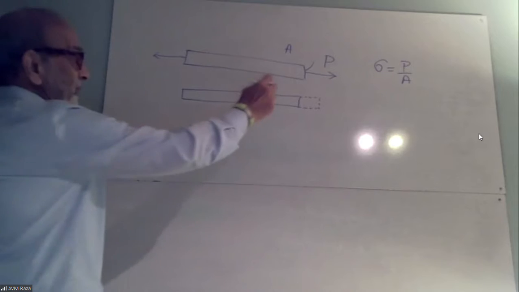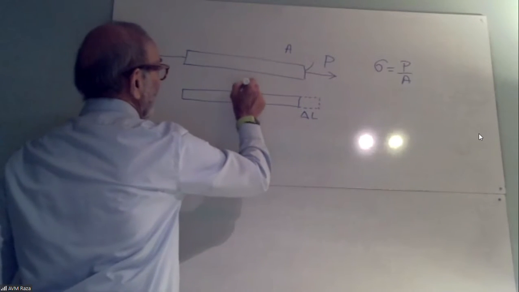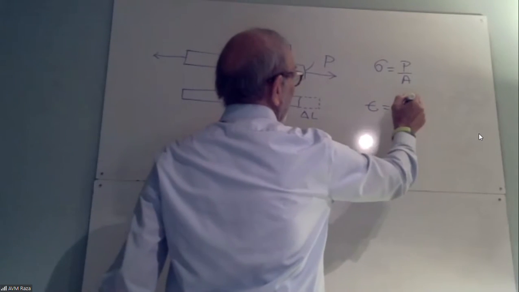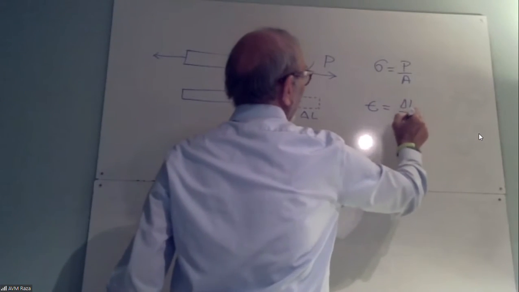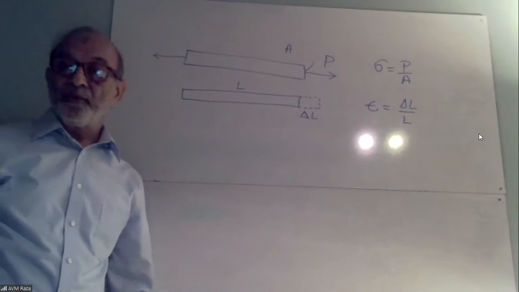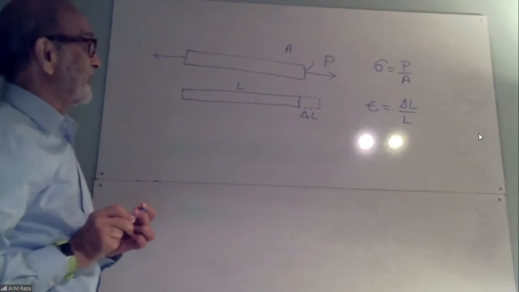So this is what we call delta L, and original length being L. We defined a strain, and we said that the strain is defined as delta L over L. These are the two important properties we talked about in chapter 1 and chapter 2, stress and strain.